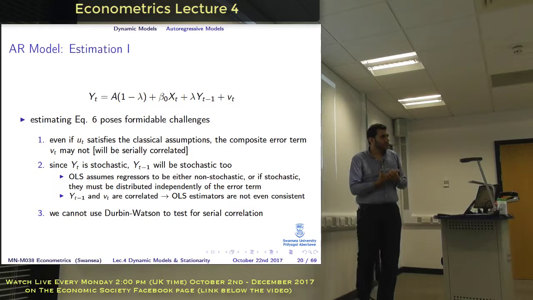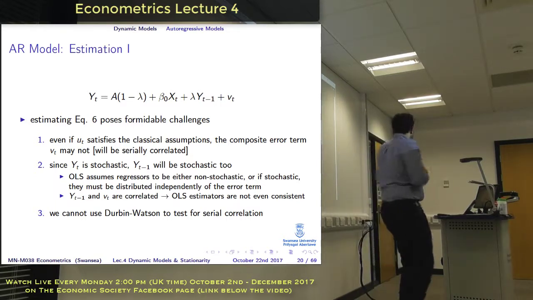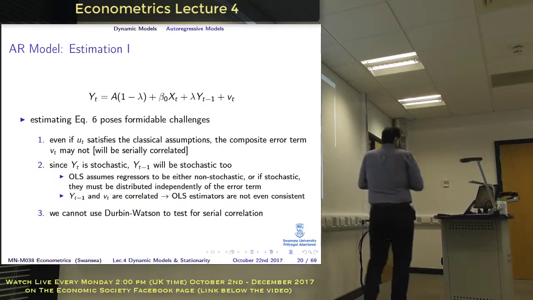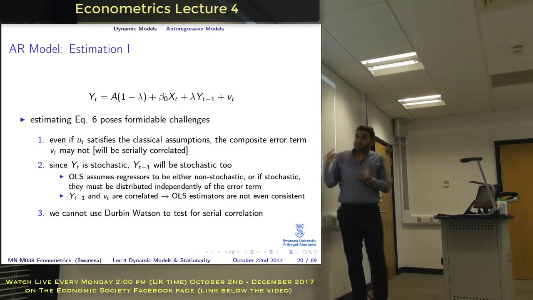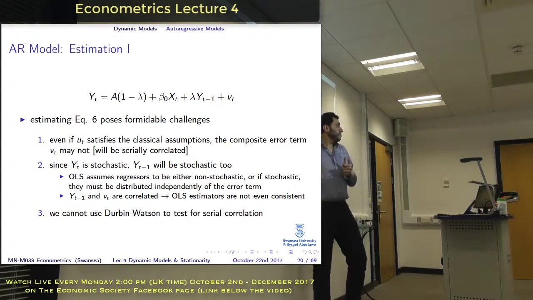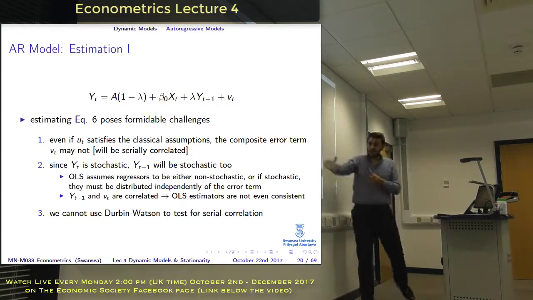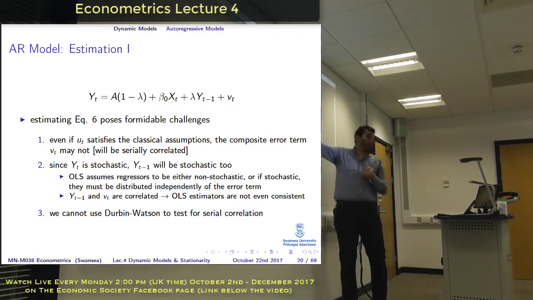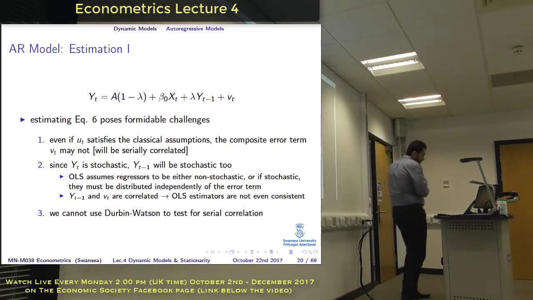One of the classical linear regression model assumptions we discussed in the first lecture is that the regressors, meaning the variables on the right-hand side, shouldn't be stochastic. And given that Y_t, the dependent variable, is stochastic, then Y_t minus 1, which is now among the regressors, is stochastic too. So that is a key problem.